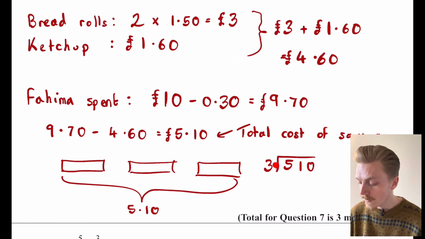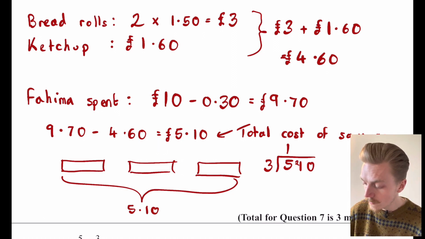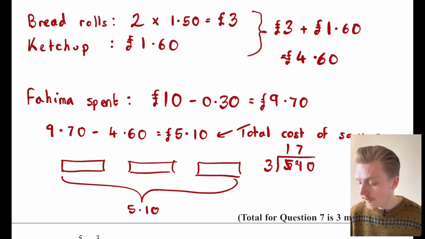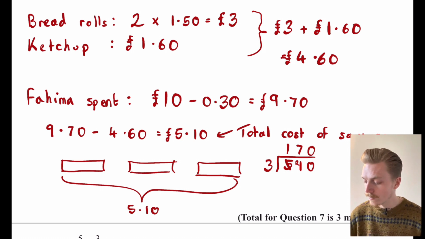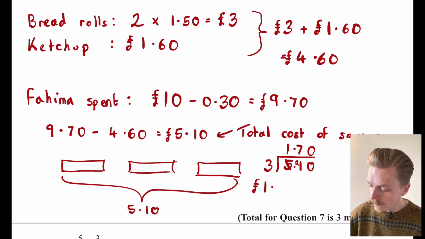So 3's into 5, that goes once with 2 left over. 3's into 21, that goes 7 times with nothing left over. So we've got nothing, 3's goes into 0 times exactly. So we've got here an answer of £1.70. So £1.70 is the cost of 1 packet.